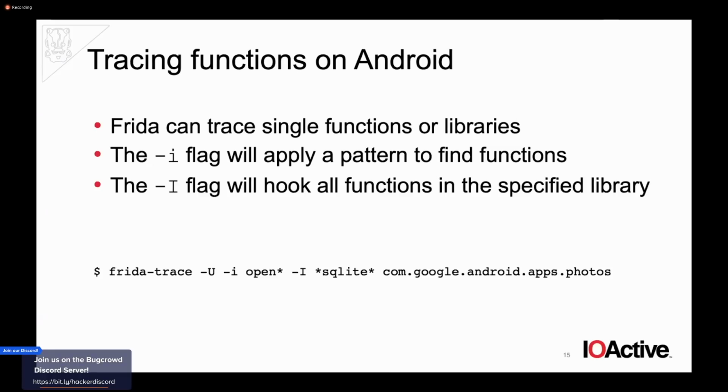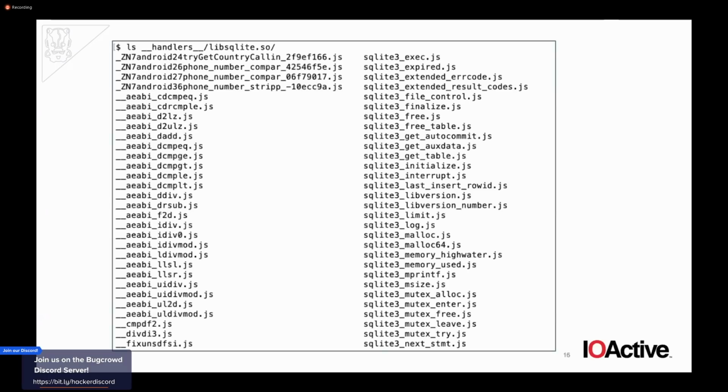And just to give you an idea of how powerful this is, after I ran that and then looked at my handlers directory, this is just a portion of what I saw. So it found libsqlite, and it made a handler for every single function within libsqlite, which is quite a lot of functionality. So this is really powerful if you know that an application uses a library, you're not sure what parts of the library it uses, or maybe it's a library that's not well documented or completely undocumented, so you don't even know what's in there.